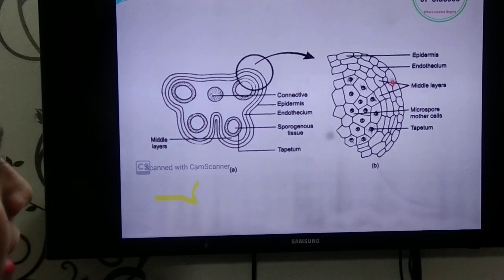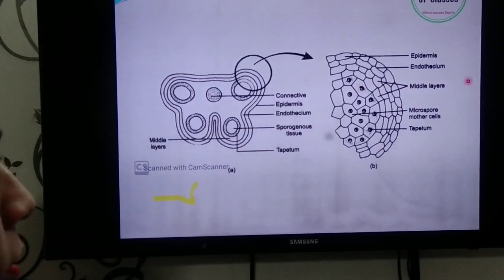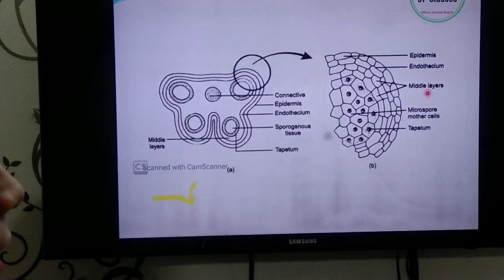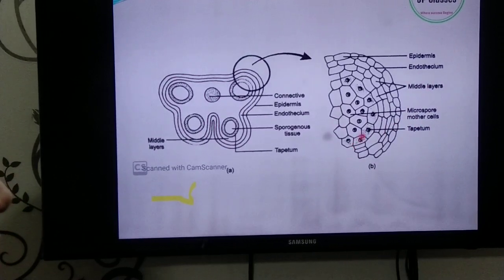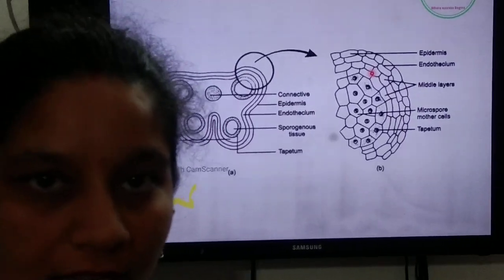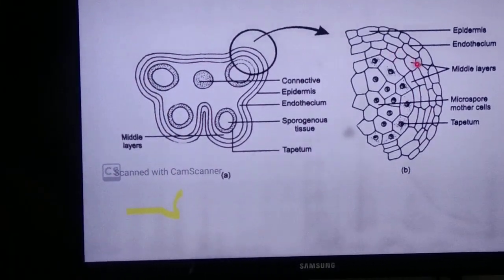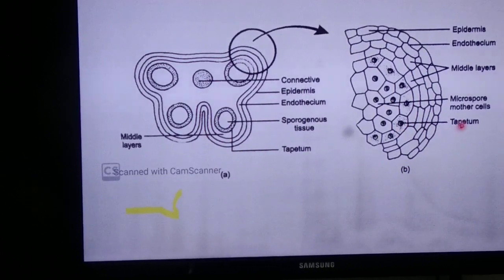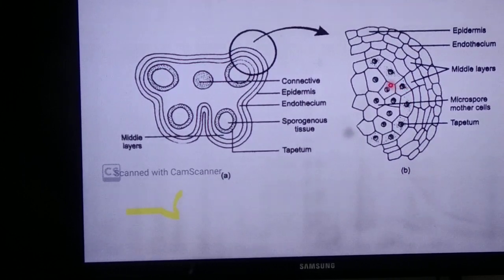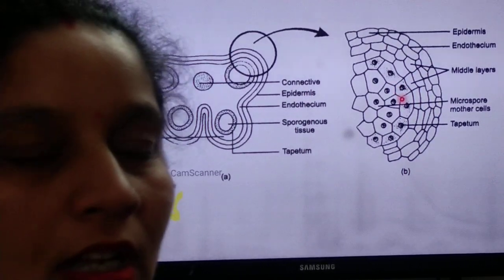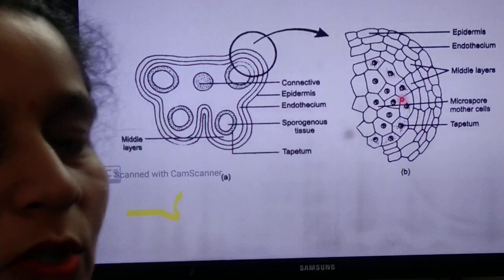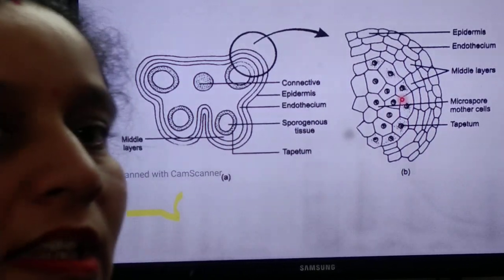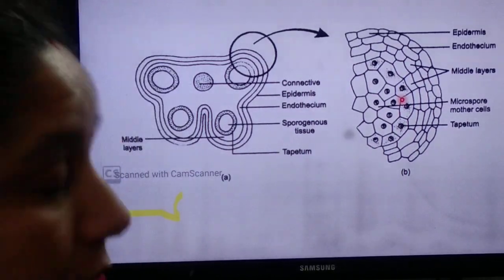Inner to that lies 2 to 3 layered cells known as your middle layers, and the inner one, which is in direct contact with the pollen grains, is known as the tapetum. This lining is your tapetum. You can see that the tapetum has a dot structure. These are nothing but chloroplasts which are able to perform photosynthesis, as well as being nutritive in function.